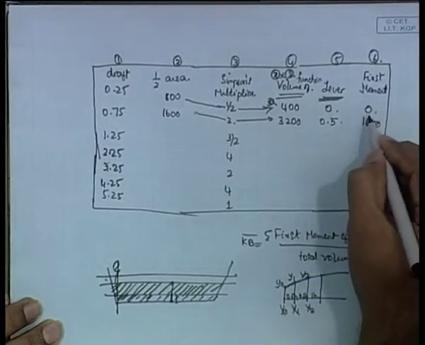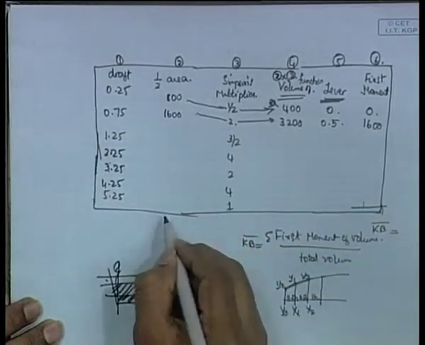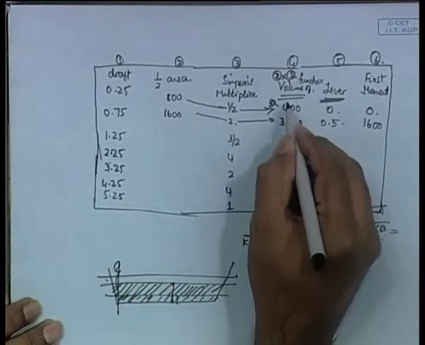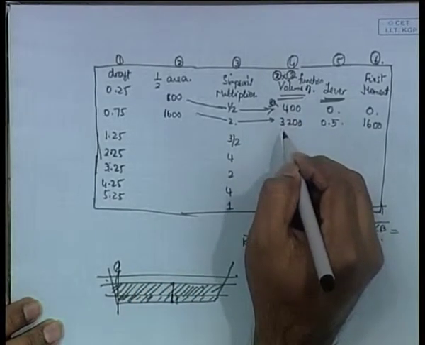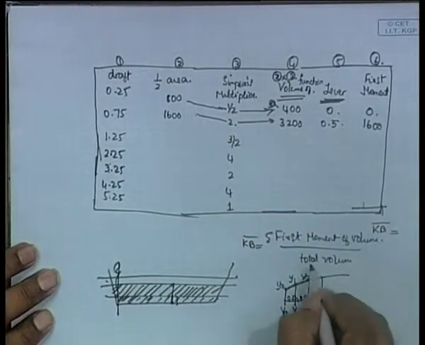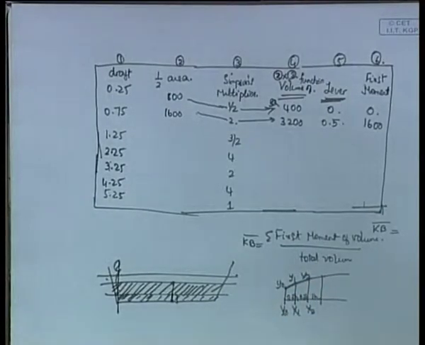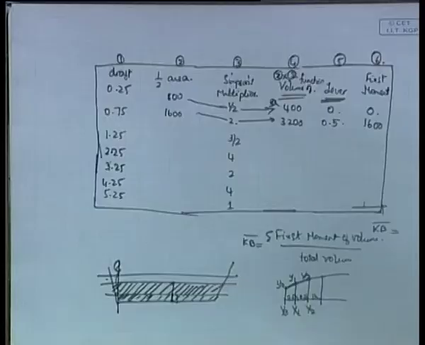You calculate each of these, find the sum, the total, divided by the total volume. Of course, this has to be multiplied with an h to get the total volume. Once you have that, the sigma first moment of volume divided by the total volume will give you the Kb for the whole ship, in fact, for that particular draft of 5.25 meter.